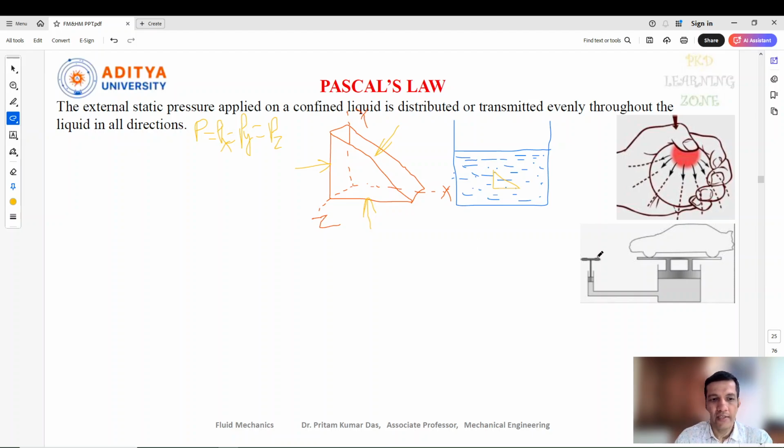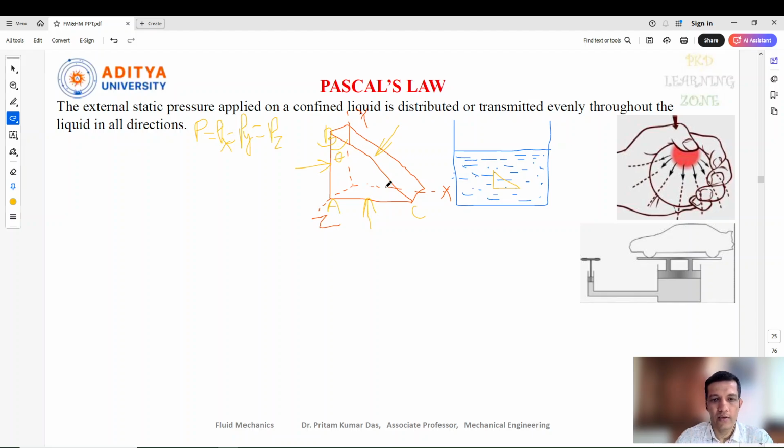So what pressure is applied here? The same intensity of pressure is applied in all directions, and that we need to prove. These are the pressures applied on all the sides. Let me mark it here also: this is A, this is B, and this is C, and this angle we can consider as theta, any angle.